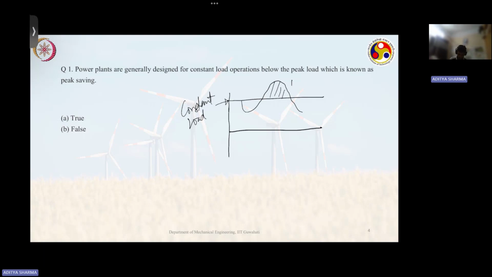This section is for your peak load. This is when your demand is low. So when the demand is low at that time, you'll save the energy or store the energy.